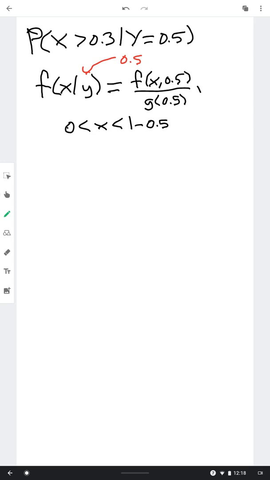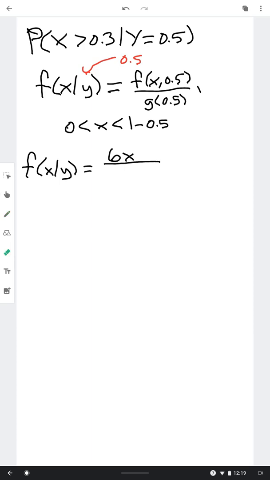So let's keep going. f of X given Y is equal to, let's plug in f of X comma 0.5. There are no Y's in my joint distribution, so I just have 6X. That's kind of nice. Divided by, oh, it's G. It should not be G. I apologize.